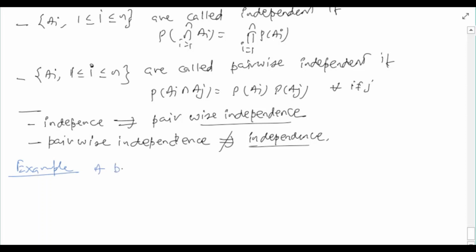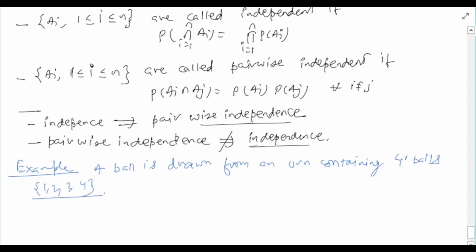Suppose a ball is drawn from an urn containing 4 balls. And so the balls are numbered 1, 2, 3, 4. So 4 numbered balls.